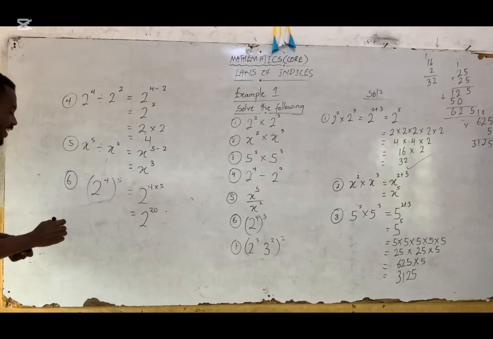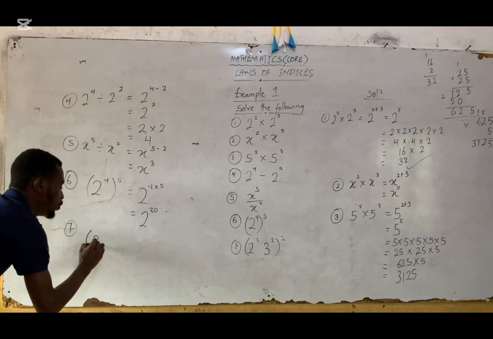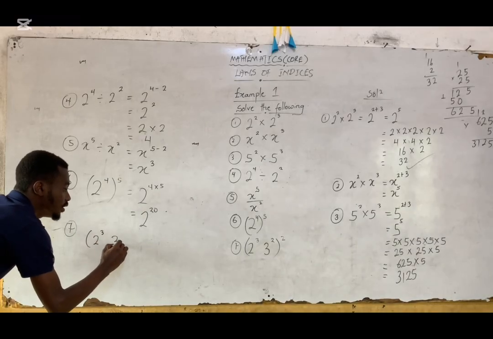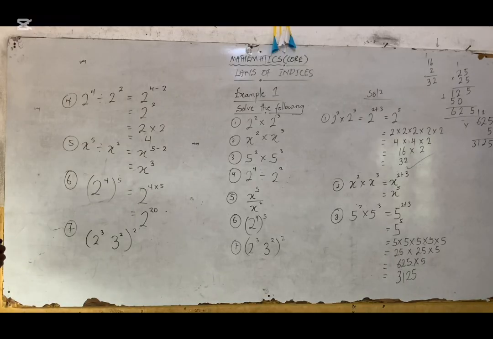Right, let's go to this. So the seventh one, we have 2 exponent 3, 3 exponent 2, all to the power 2. Now, as I said in the third law, I gave another example that was similar to this, right?